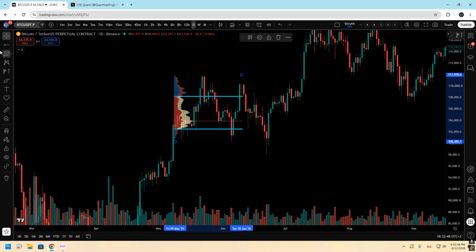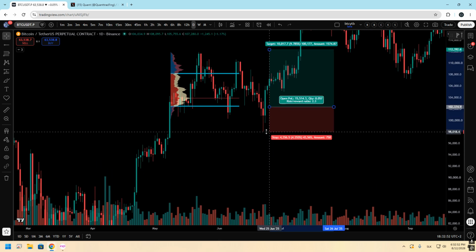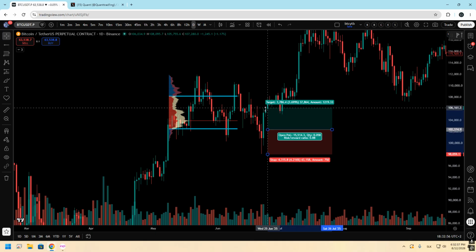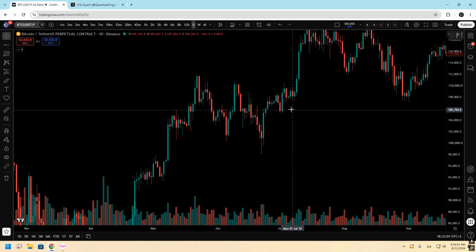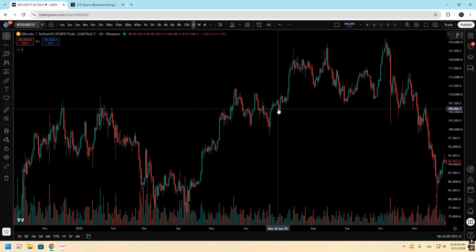In the smaller ranges, I recommend just going for a full range rotation like this. Because if you target 0.5% or point of control, there is very poor risk to reward. And also, if you want to pick a higher win rate trade, you should go with the direction of the break.